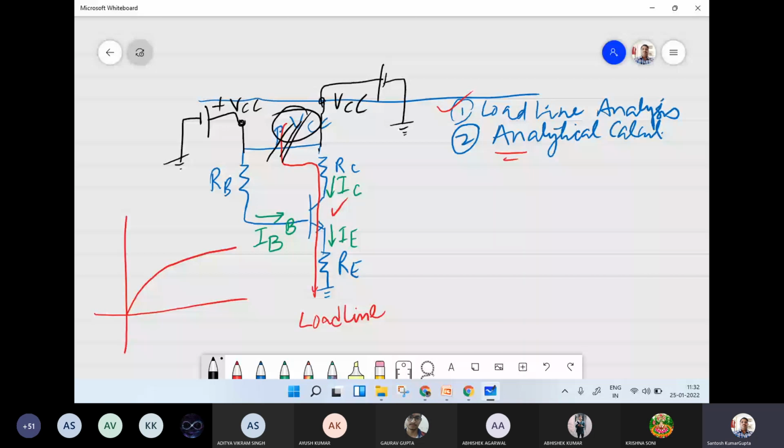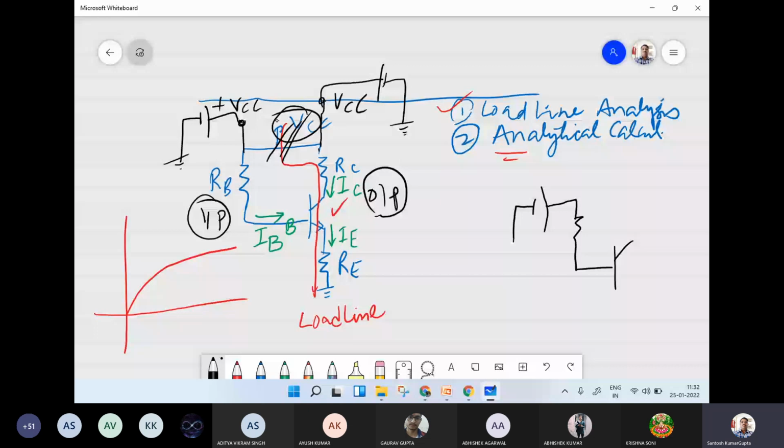Now our job is to analyze the input circuitry and output circuitry separately. So we can do it by writing the KVL equations for the input loop and output loops. Now it is getting clear that the input loop consists of this VCC, then RB, then this transistor, and this resistance.